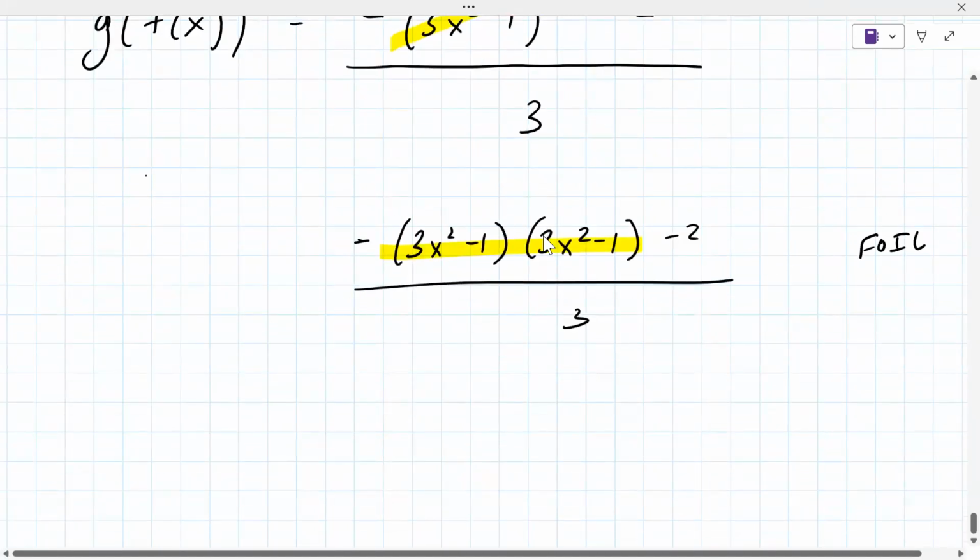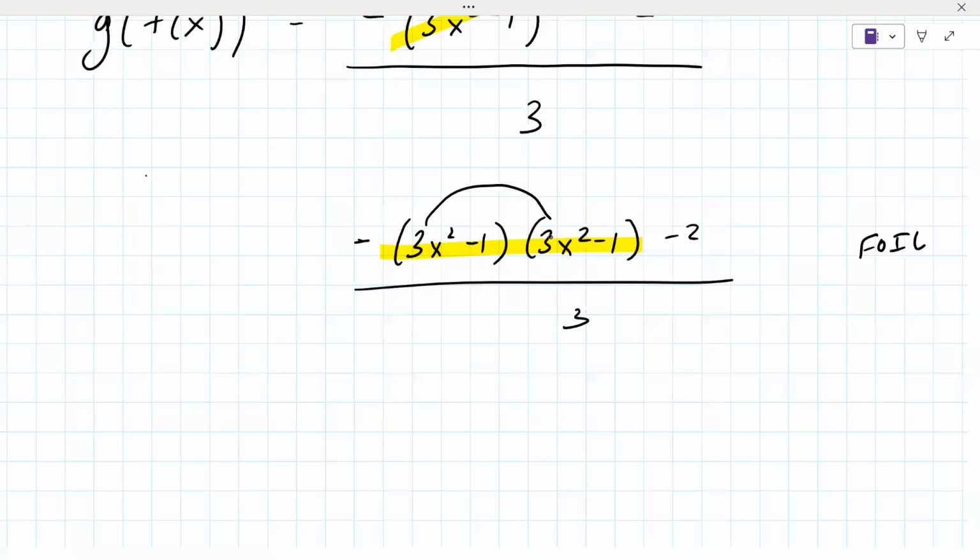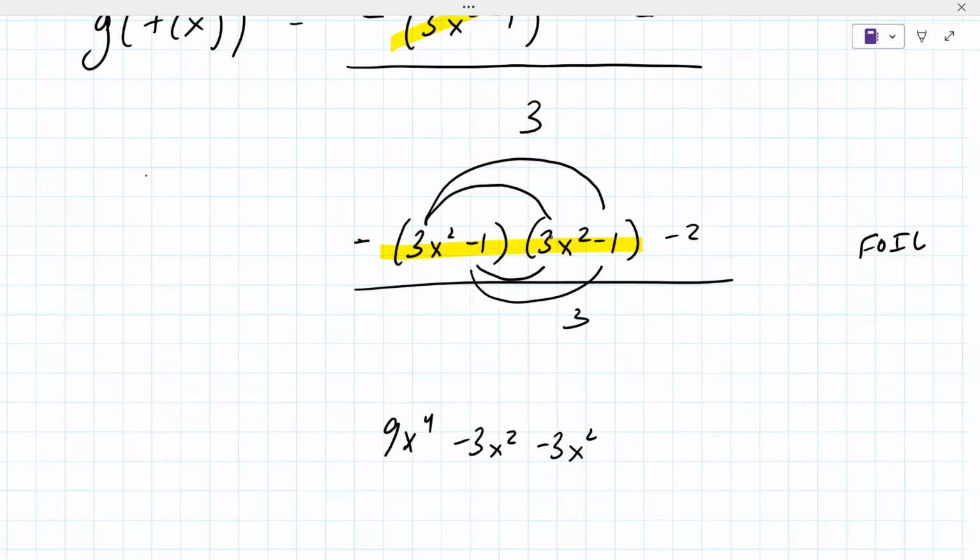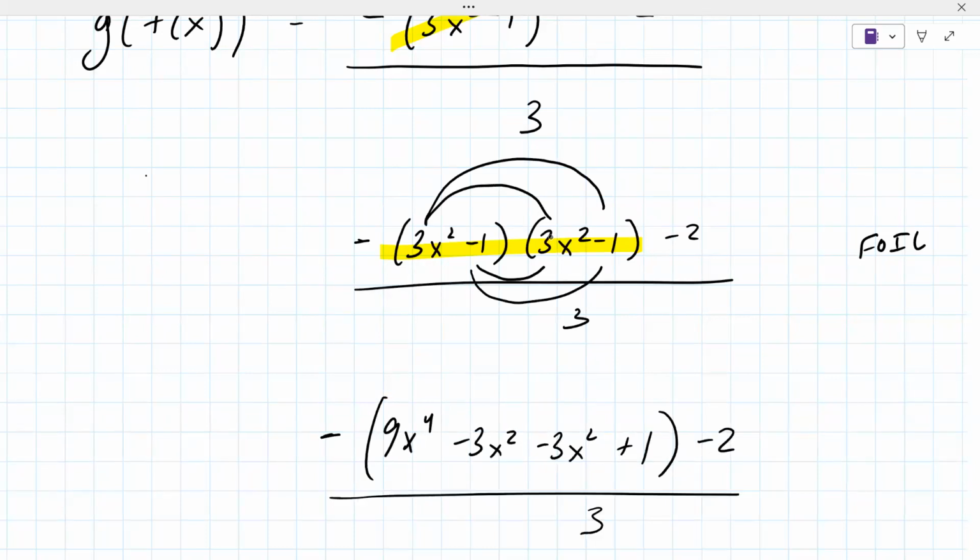So 3x squared times 3x squared is 9x to the fourth. 3x squared times minus 1 is minus 3x squared. Then it's minus 3x squared. Minus 1 times minus 1 is plus 1. But you have to bring that negative down, minus 2 all over 3.